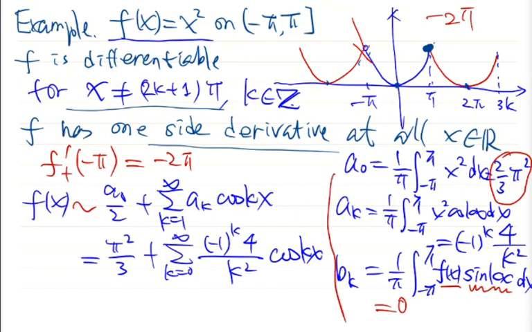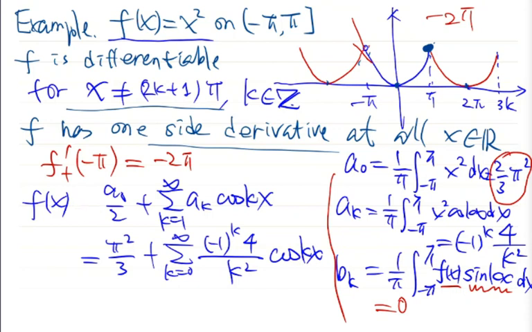But because f satisfies our previous condition, f has one-sided derivative everywhere. So for every x, the Fourier series of f converges to f. That is, f(x) is precisely the sum of its Fourier series.